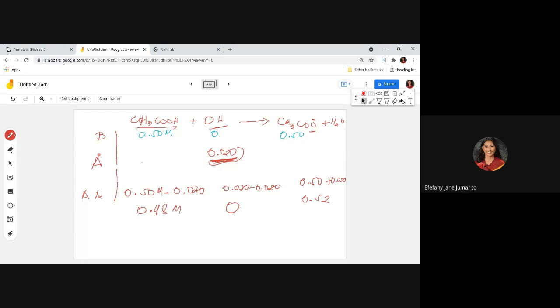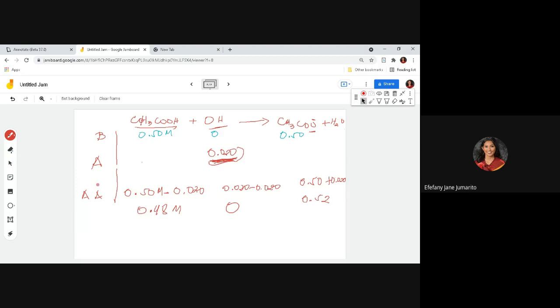We have this table. This is not an ICE table. It was made just to show the stoichiometric relationship. Before the addition, your initial concentration is 0.50 of your acid and 0.50 of your conjugate base.